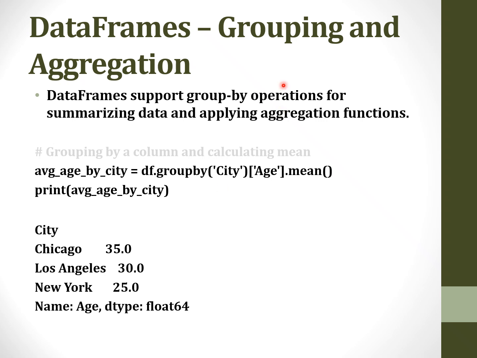Next comes grouping and aggregation. We can group data based on any particular condition or operation. Suppose you give group by city, you group the city based on the age. In the data frame we have created, there were only three cities with different ages.